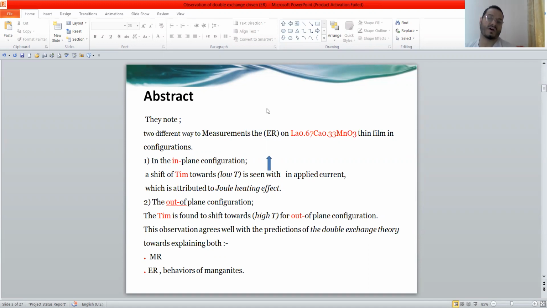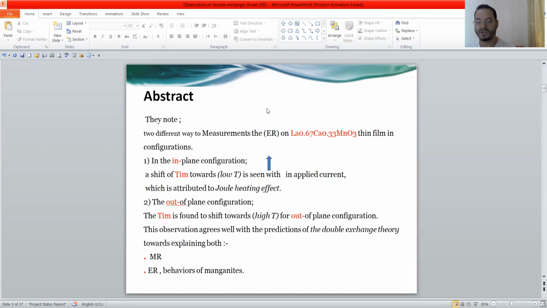Now let's start, like I said before, we have two different ways to measure the electric resistance in this structure, or we can say that we can use the parent or general structure of lanthanum, calcium, manganite, and 3 atoms of oxygen, or we can say La0.67Ca0.33MnO3 configuration.